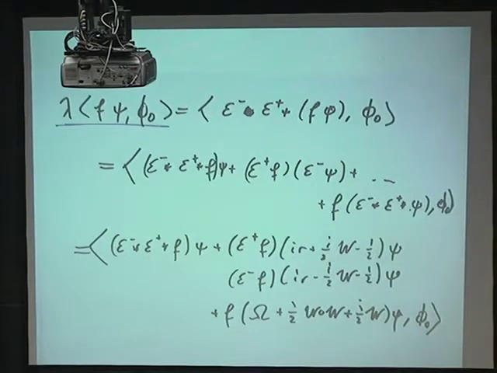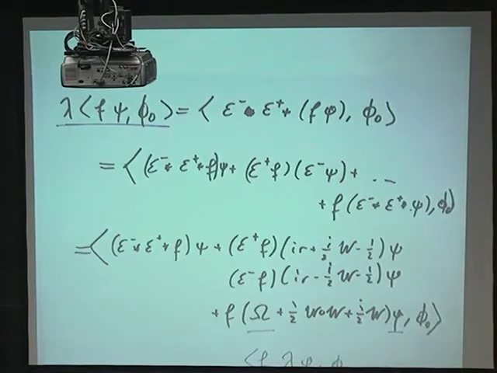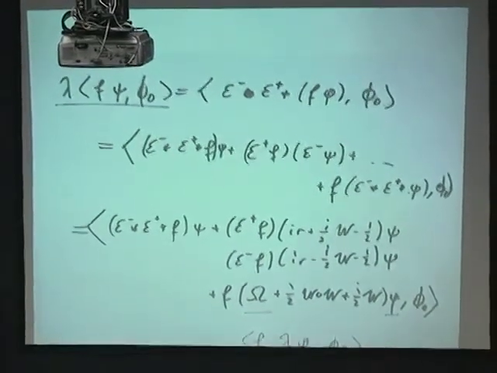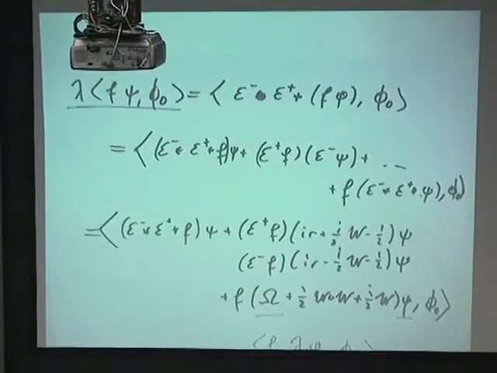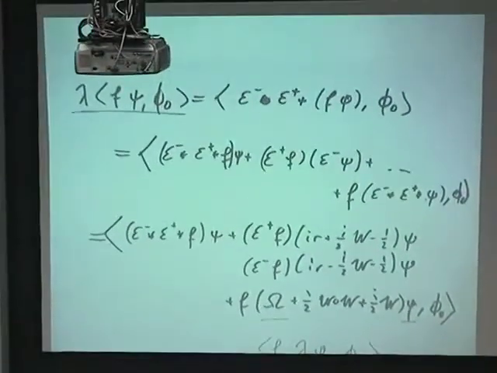But in this huge mess, we see this expression, Laplace applied to psi. What is Laplace applied to psi? It's lambda psi. So one term on the right-hand side is F lambda psi inner product phi 0, which is precisely what you started with on the left-hand side. So that's one miracle.